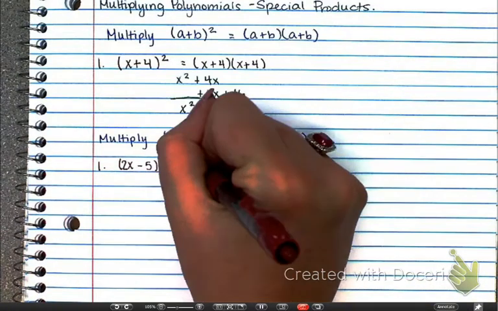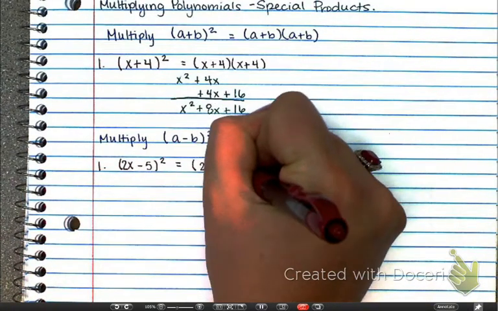Your first step should be 2x minus 5 times 2x minus 5.